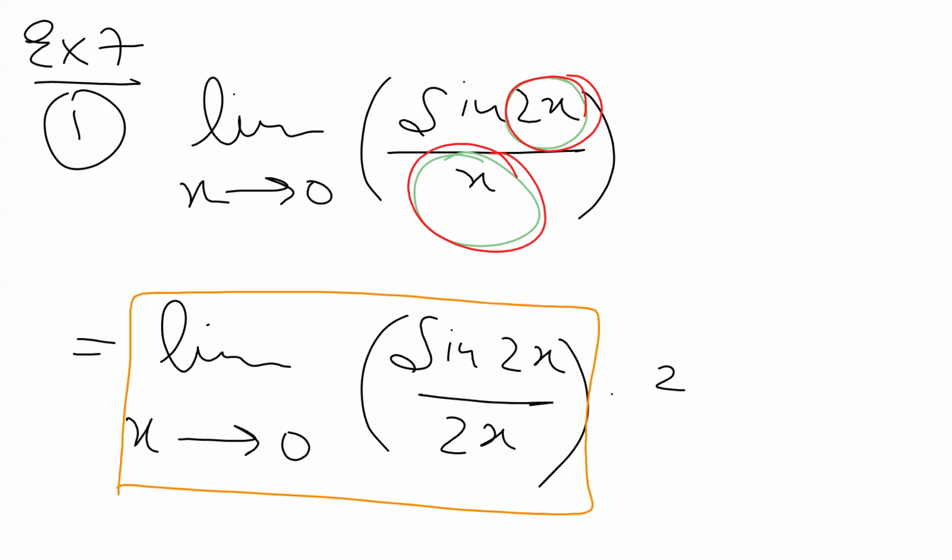As per the formula, this becomes 1 and this is 2. And 1 into 2, this constant is written over here, 1 into 2 is 2. Did you understand? Yes, sir.